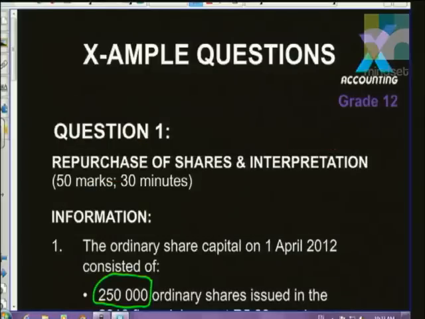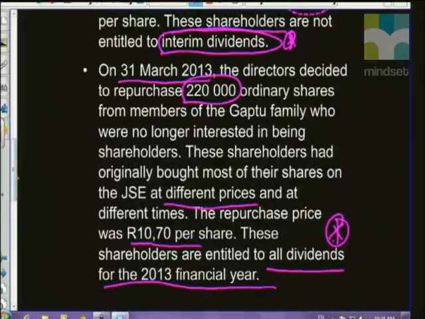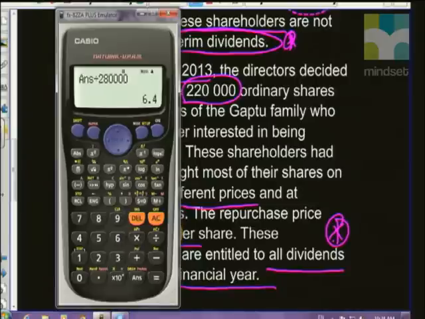Let's just refresh our memories. These shares were repurchased at 10 Rand 70 per share. So watch: 10 Rand 70 minus 6 Rand 40 cents to give me a price of 4 Rand and 30 cents. Multiply that by 220,000 to give me a value of 946,000.